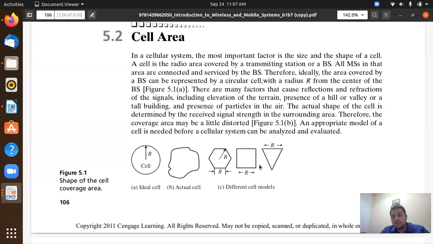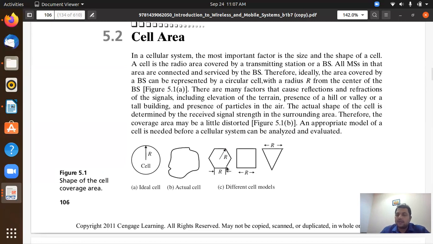The near approximation to the ideal cell is the hexagonal cell, which is generally used because it allows you to approximate the idealized, circular cell. The behavior of signals we can assume in the ideal cell, we can simulate in the hexagonal cell as well.